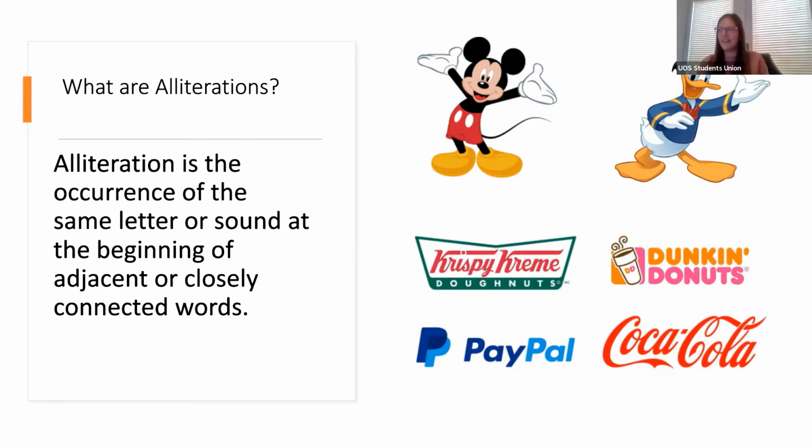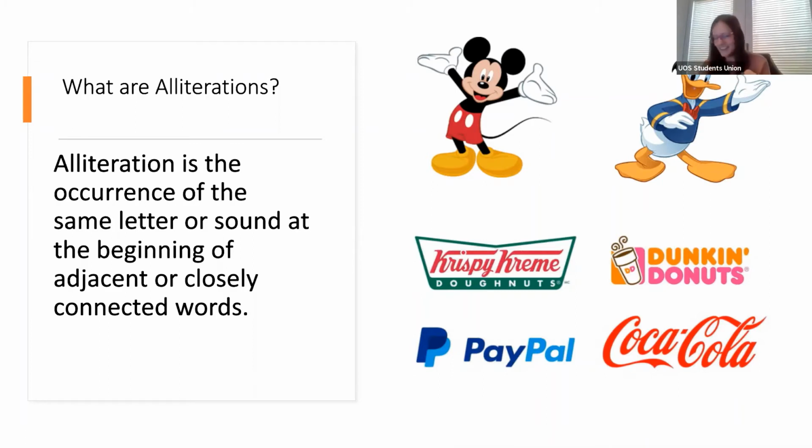So when you have Mickey Mouse, Krispy Kreme, PayPal, Coca-Cola, they start with the same letter, or they sound well together in tandem. So have a think of something like that.